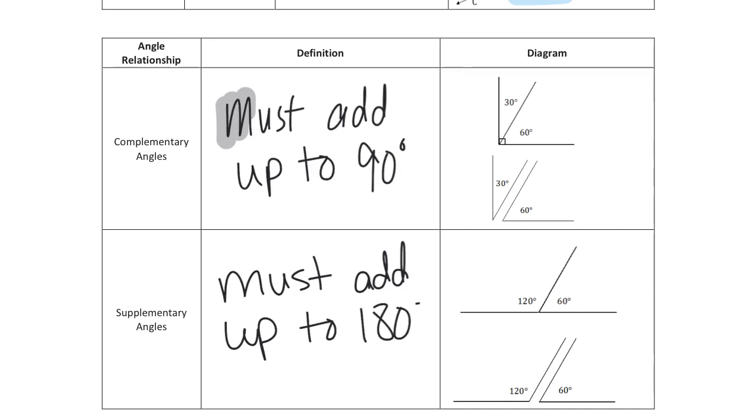Now, often you find them touching like they do in the top picture in each box, but please understand that they can be two separate angles in two different places and still be considered complementary or supplementary. If their sum adds up to 90, they're complementary no matter where they're at. And if their sum adds up to 180, they're supplementary no matter where they're at.